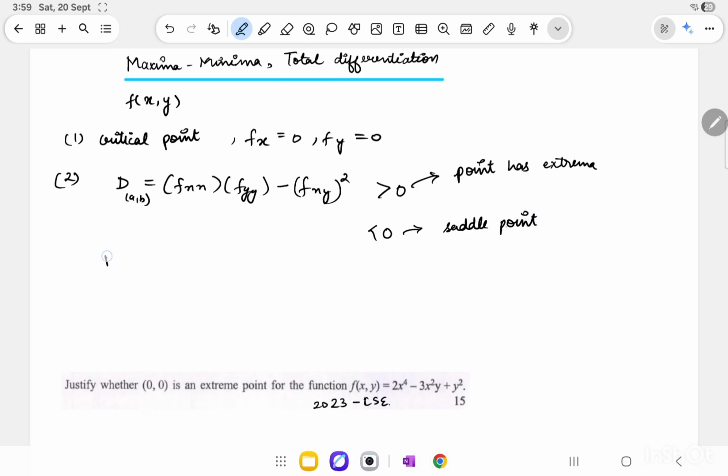But if D turns out to be equal to 0, then we cannot comment whether it will have an extrema or a saddle point at that point. We need to further investigate the function to comment on something.